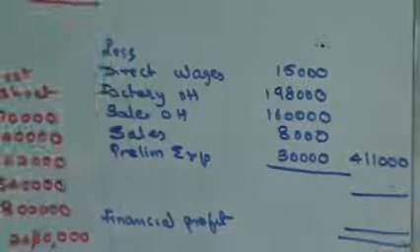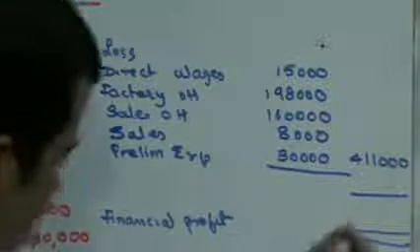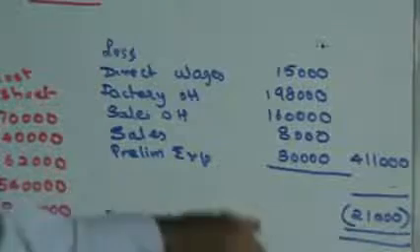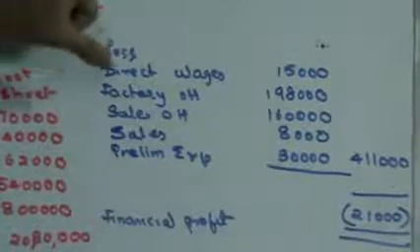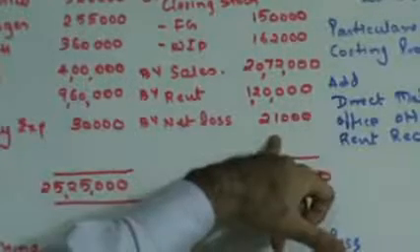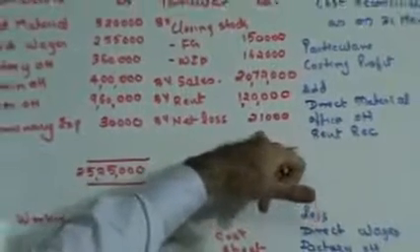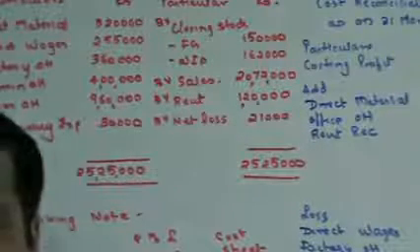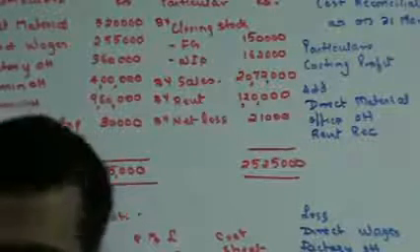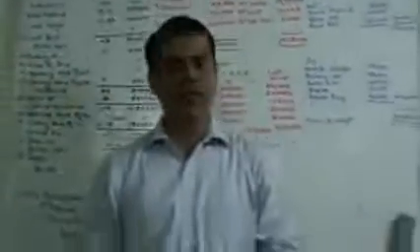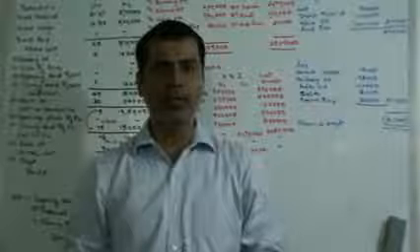Right? 3,90,000 minus 4,11,000 is 21,000 negative. If you check this 21,000, this tallies with your net loss of P&L account. Yes. That means your sum tallies. That will be financial loss, no? I've written financial profit and negative figure. Okay. Alright, financial loss and I write positive figure. Right? So this tallies with my loss of P&L account. That shows that my sum tallies. This finishes the sum. We'll stop this here for today. Thank you very much.